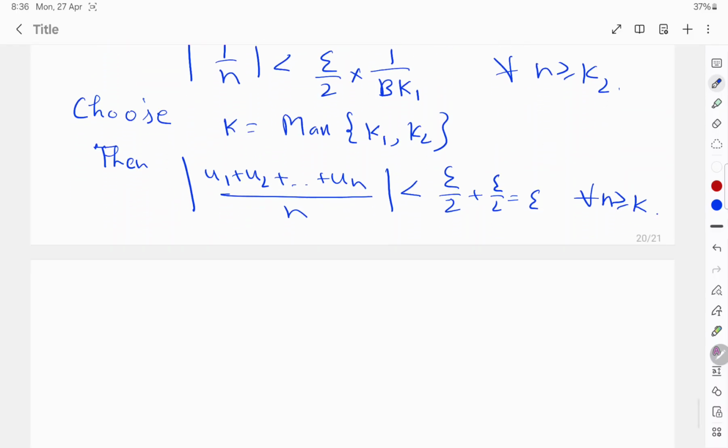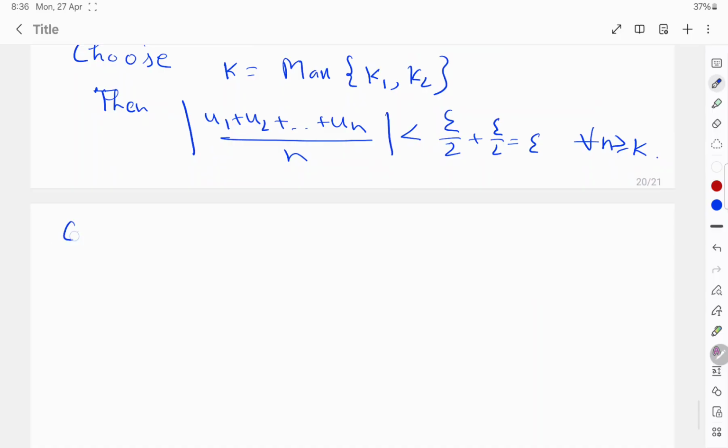So in this way you have to prove this thing. Now you have second case.